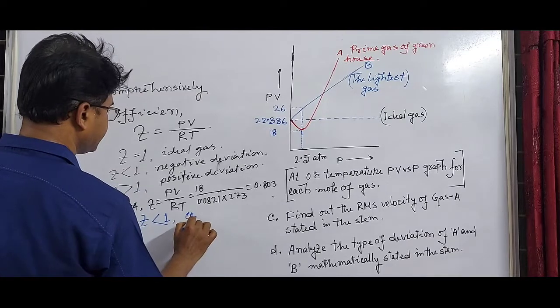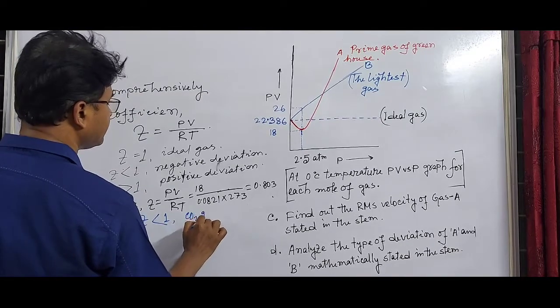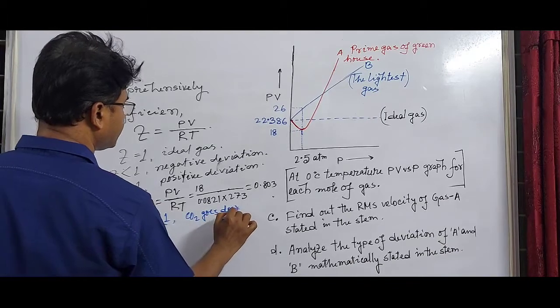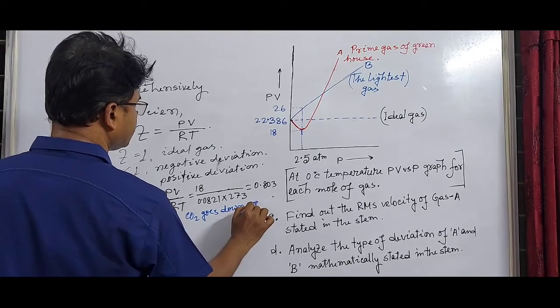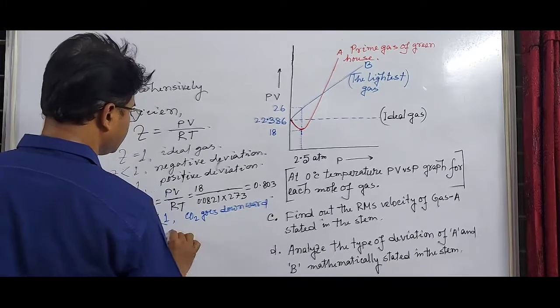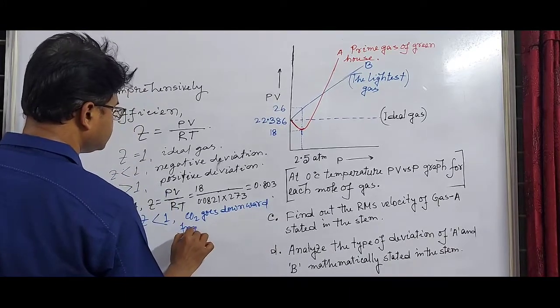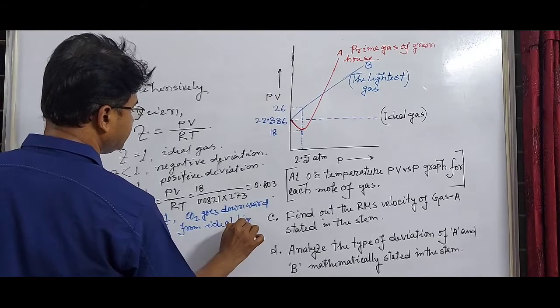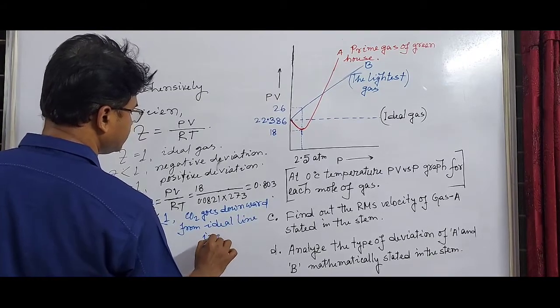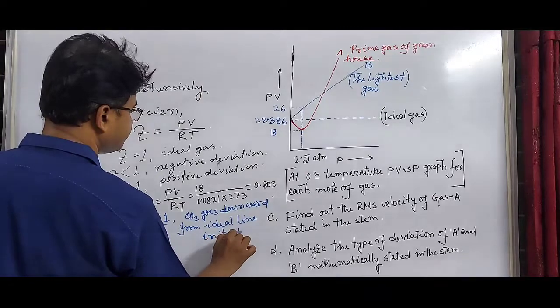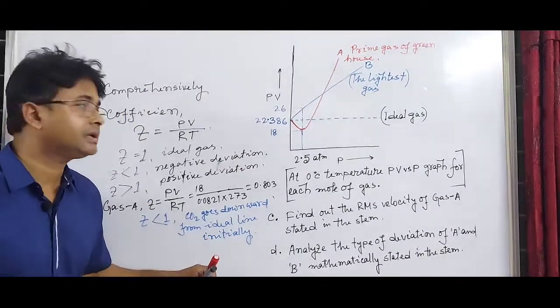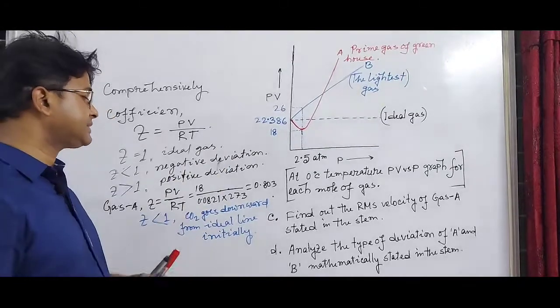I mean carbon dioxide goes downward from the ideal line initially. That's all about the negative deviation of carbon dioxide gas.